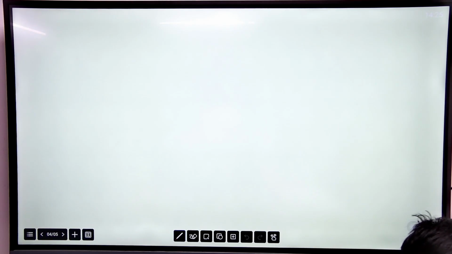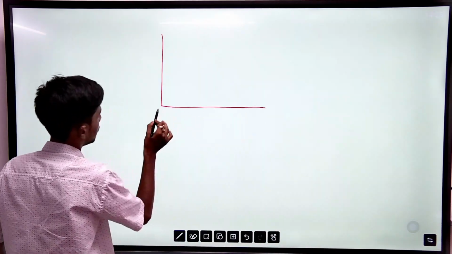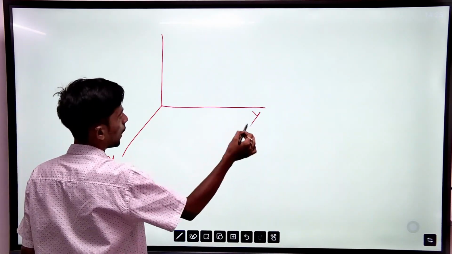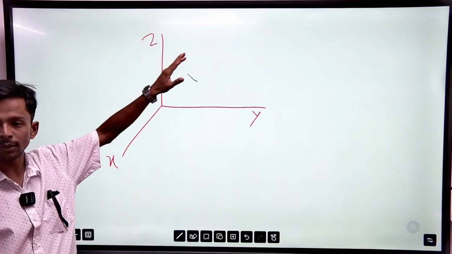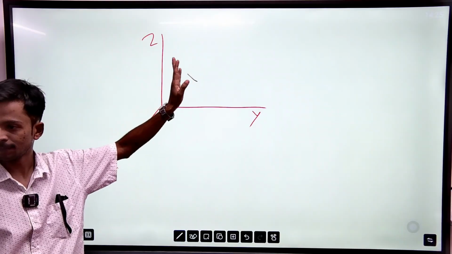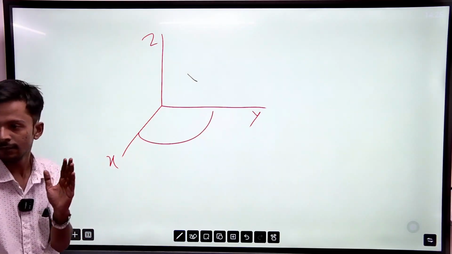See, this is your x, this is your y, this is your z. If you take them together, you are getting a space. But when you take only this part, you are getting an xy plane.